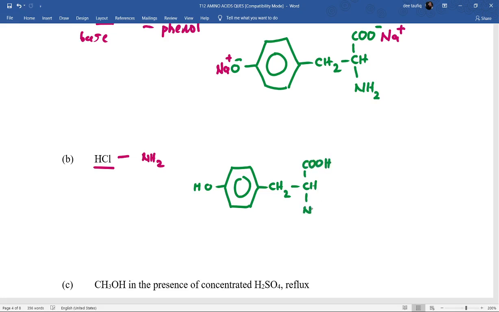So instead of NH2, it becomes NH3 with a positive charge. Here we will have Cl minus.